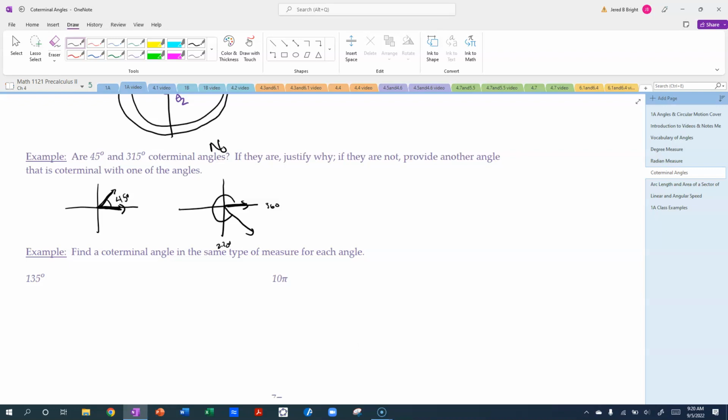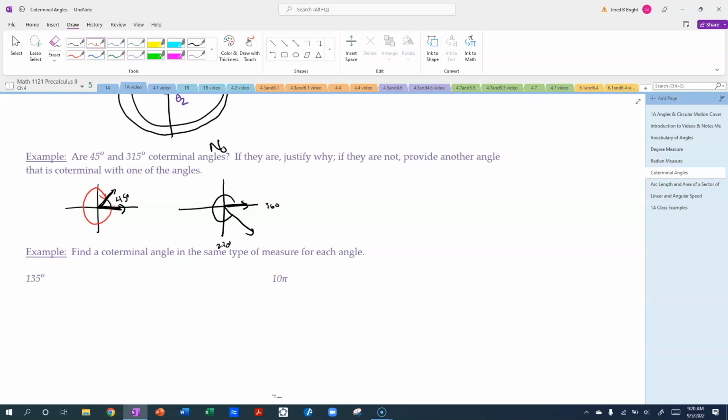Another angle that would be coterminal with 45: 45 is measured counterclockwise, so let's go clockwise. How do I figure out what that is?